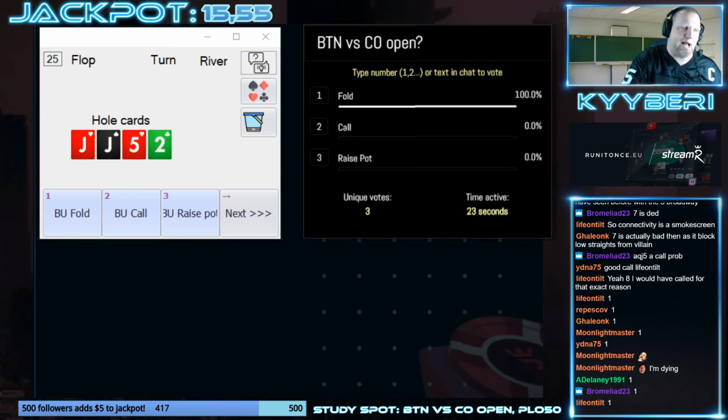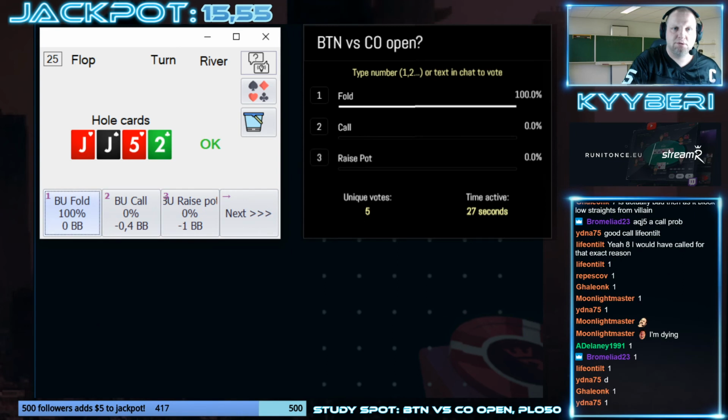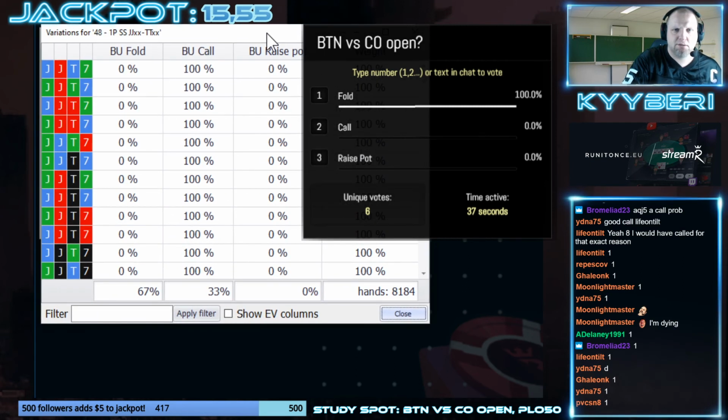To call with the jacks, it has to have more than just the jacks and suits. And let's see the bucket. It's still overall 67% fold. So it just has to be connected.